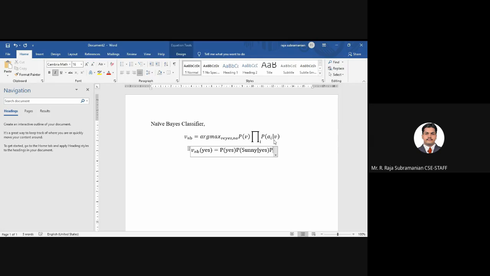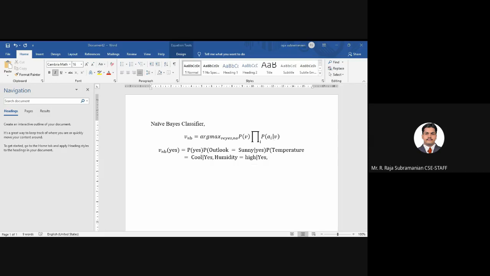Next, the probability of another condition, temperature is equal to cool. So for outlook is equal to sunny, what is the value? For temperature is equal to cool, what is the value? Everything you can take. This is outlook is equal to sunny with respect to yes. Next, temperature is equal to cool with respect to yes. Next, humidity is equal to high with respect to yes.